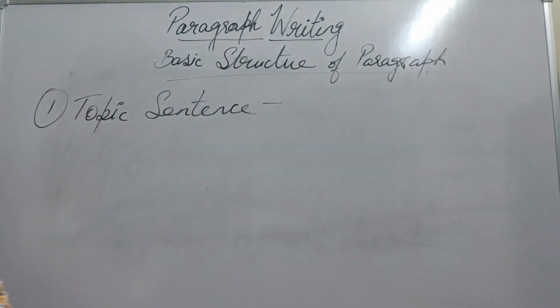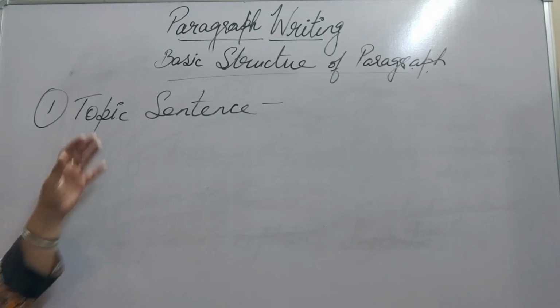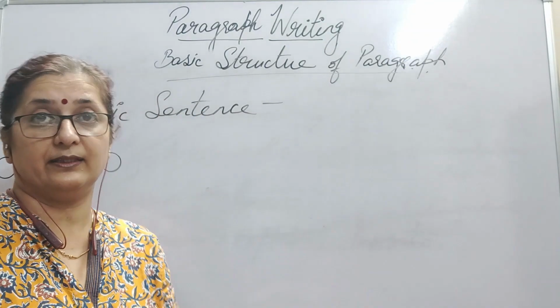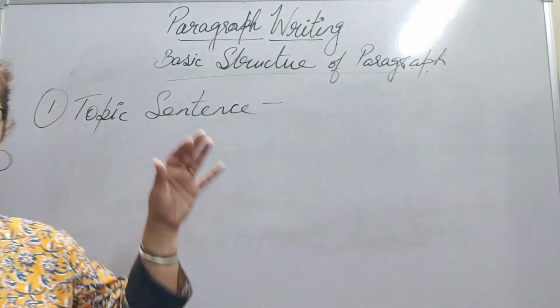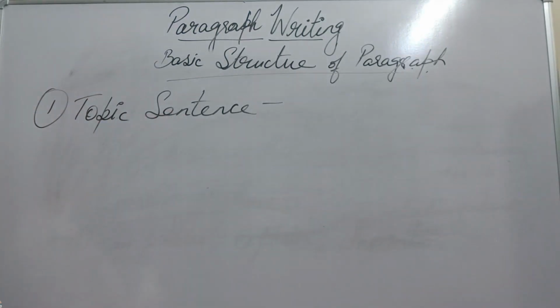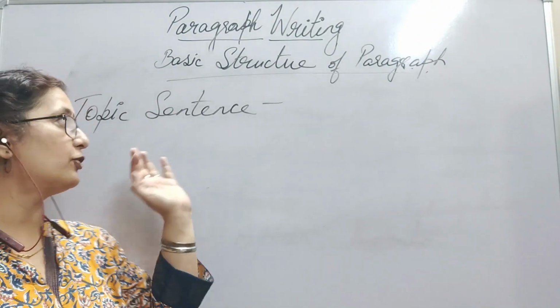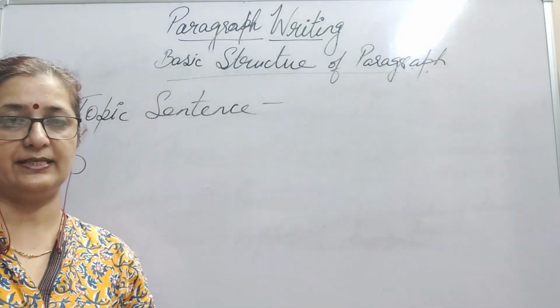Now it is the first sentence of the body. The topic sentence generally introduces the thing that you're talking about after your heading, right? It includes the topic and the first sentence about which we are talking. So that is your topic sentence.